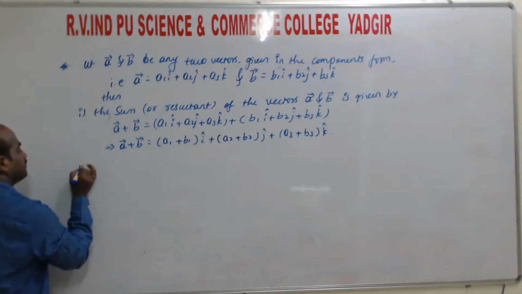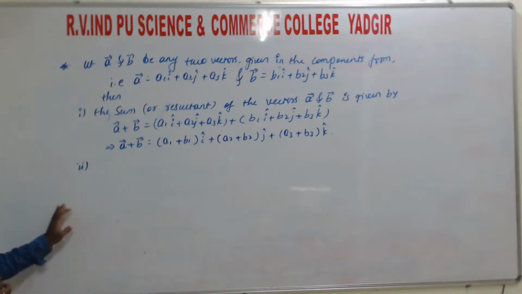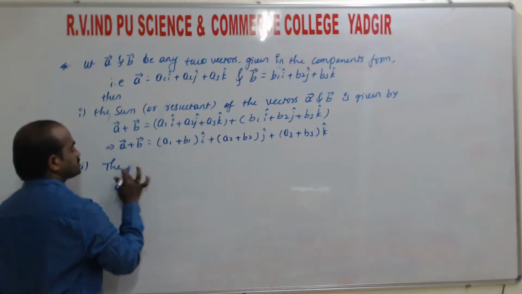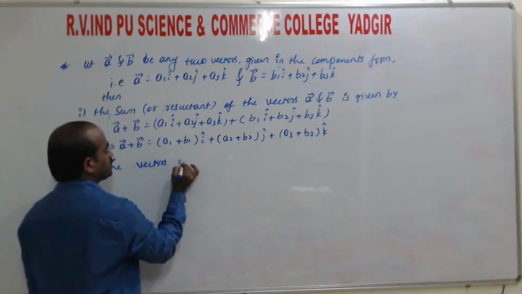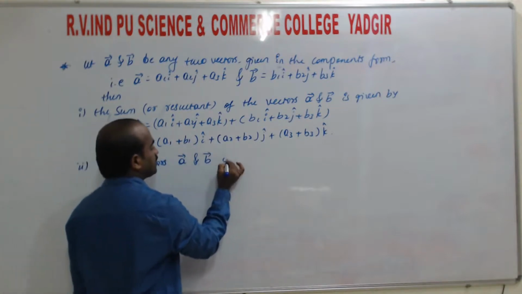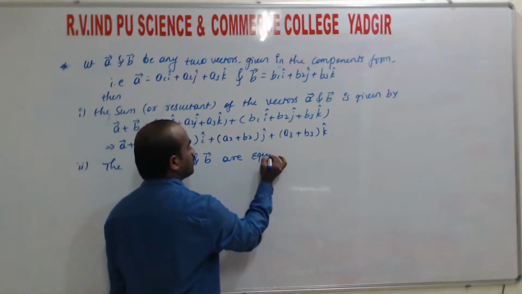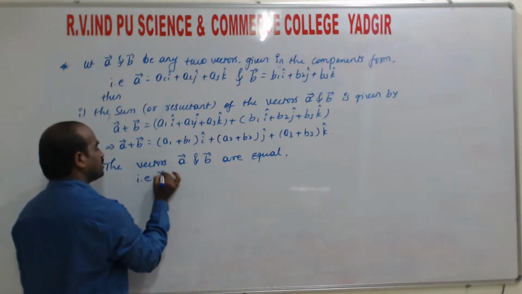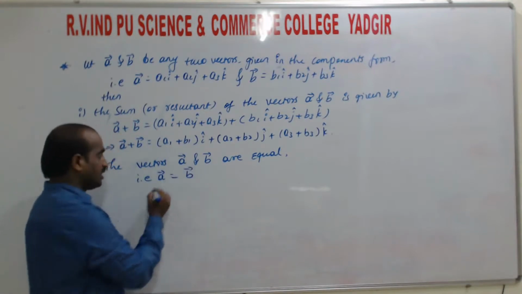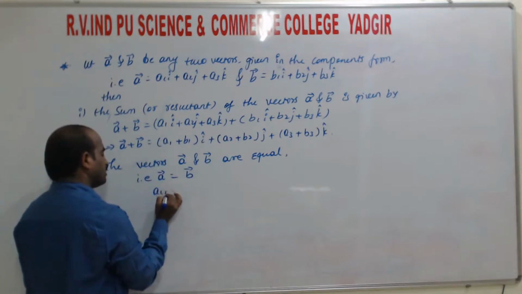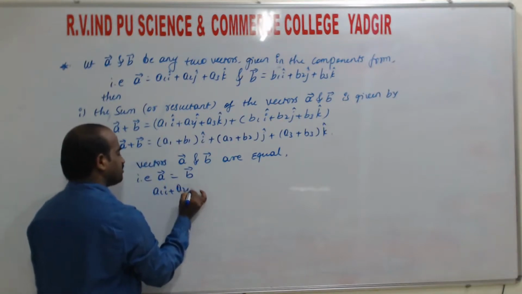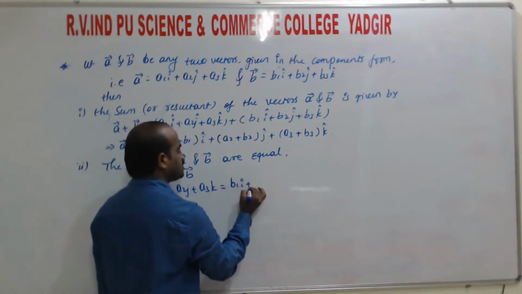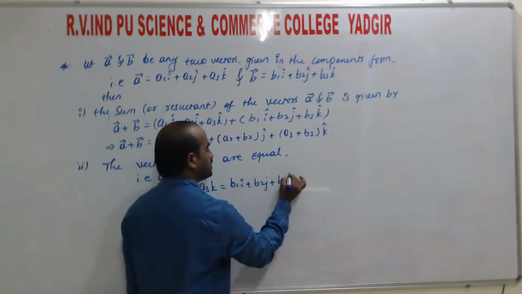Second, if the vectors a vector and b vector are equal, that is, a vector is equal to b vector, a1i plus a2j plus a3k equals b1i plus b2j plus b3k.